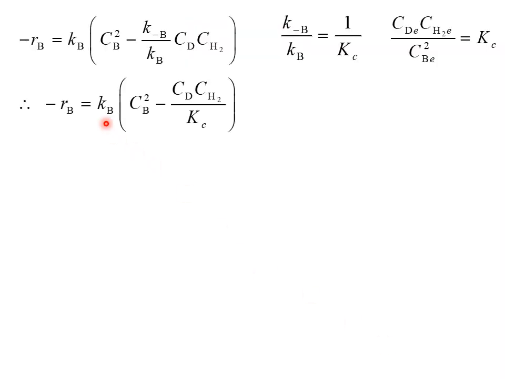So let's substitute this ratio with 1 over Kc. You can see this. And we get this rate law. Now I have written a rate law for an elementary reversible reaction.